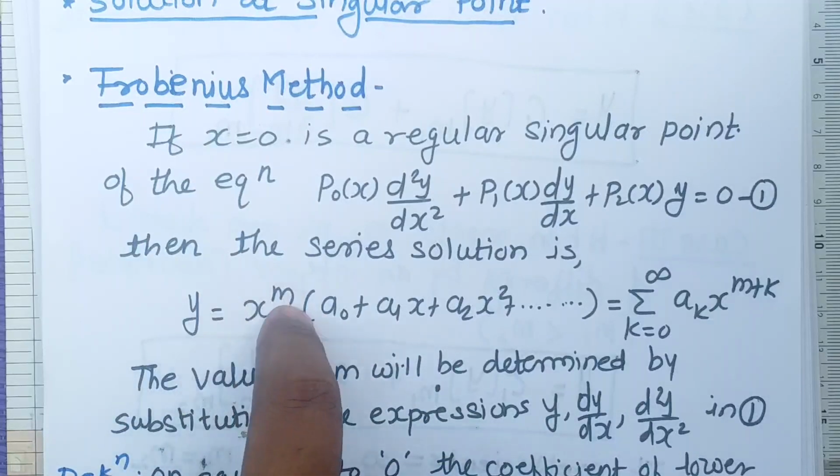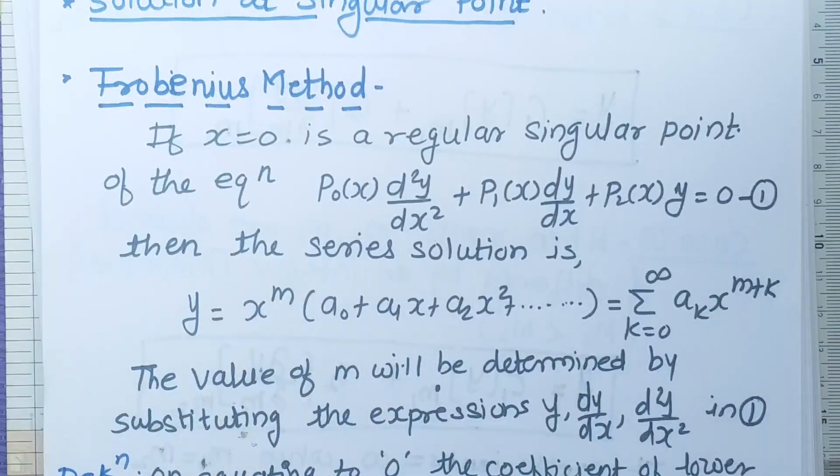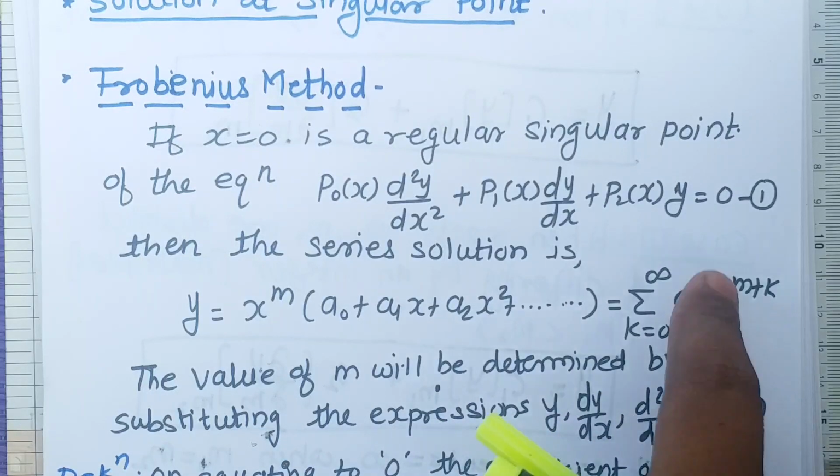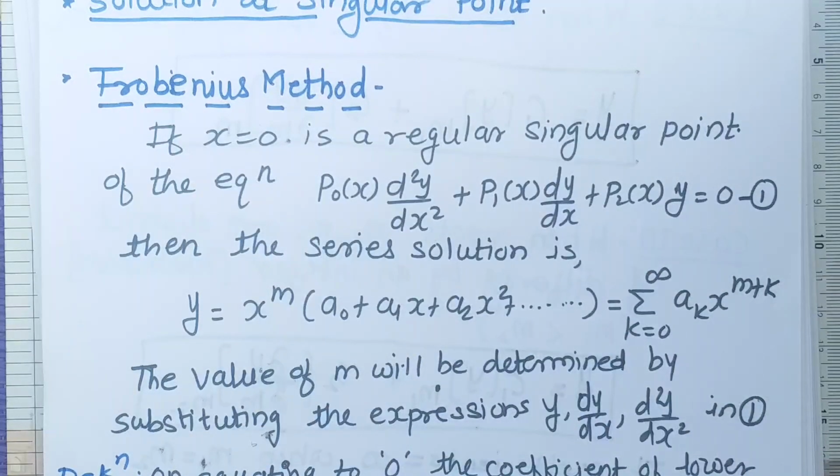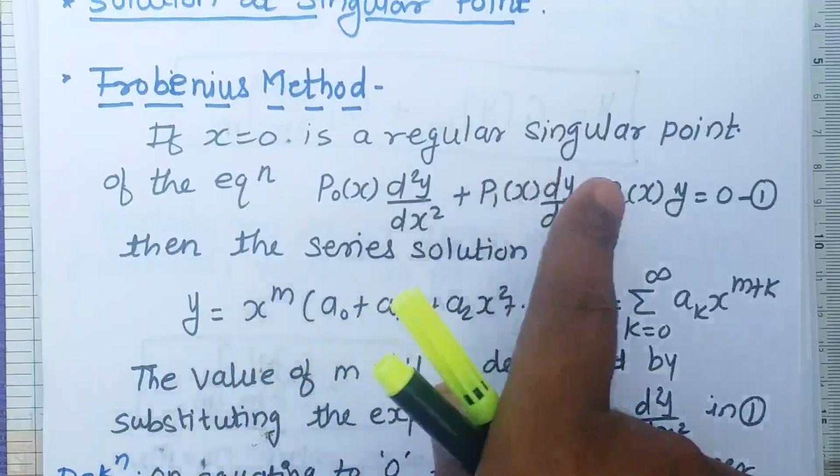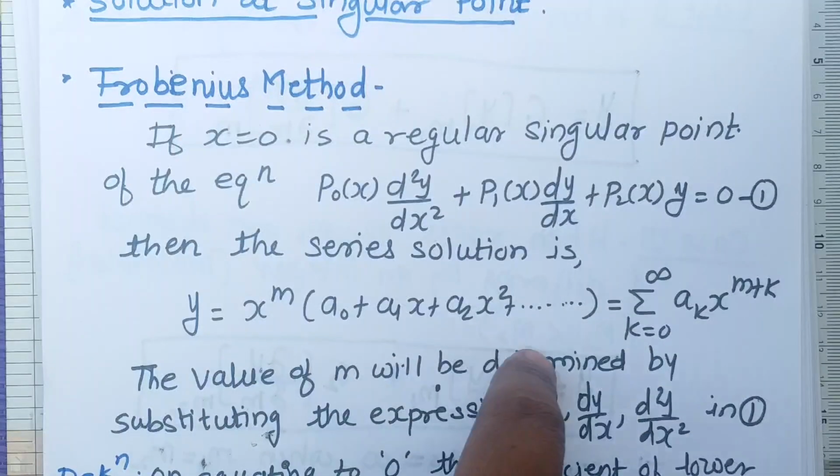We are multiplying by this external factor x^m, where the value of m will be determined by substituting the expressions for y, dy/dx and d²y/dx² in equation 1. Like the first power series method, here also we substitute the values of y, its derivative and its double derivative with respect to x in equation 1 to get the values of m.